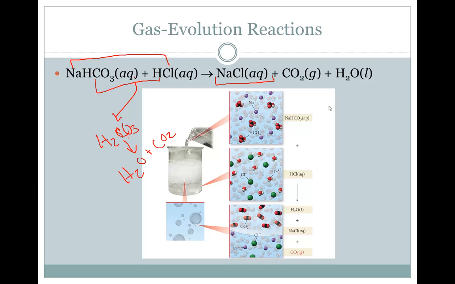Now what's happening in these beakers here, notice that there's a lot of foam being given off. Sodium bicarbonate, the sodium ions are floating in the solution, and then we have the bicarbonate just floating around. HCl, the chlorine is floating around. The hydrogen of the HCl has attached itself to the water, so it's H3O now.